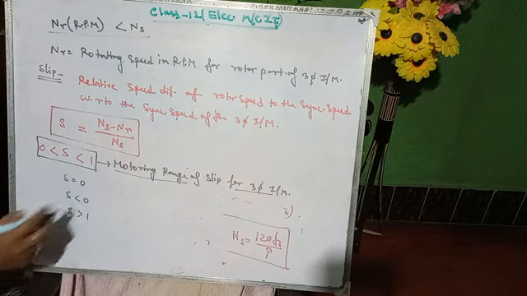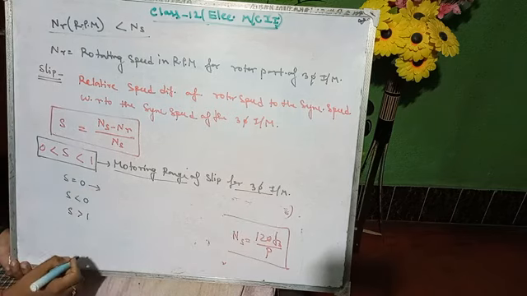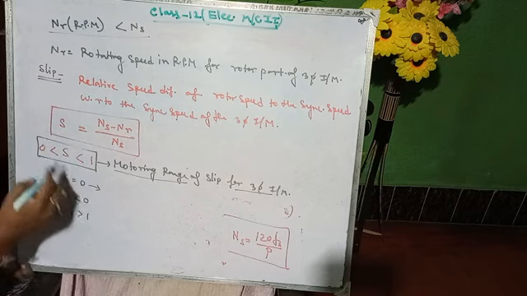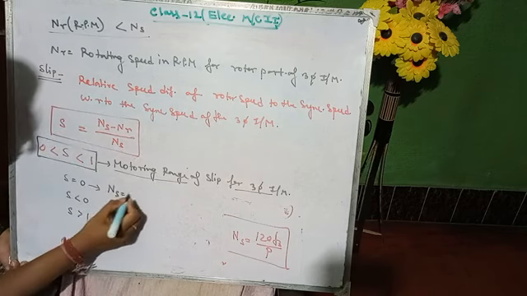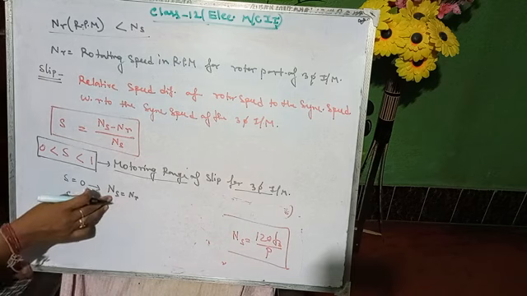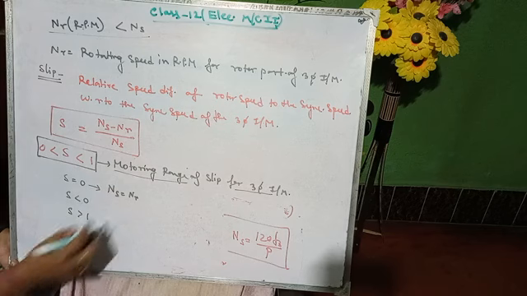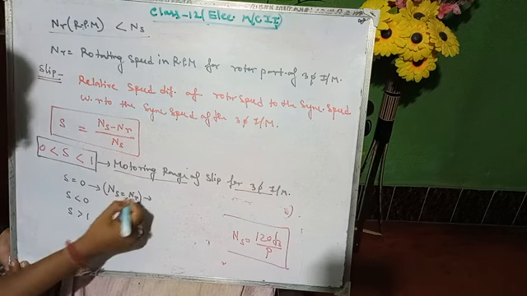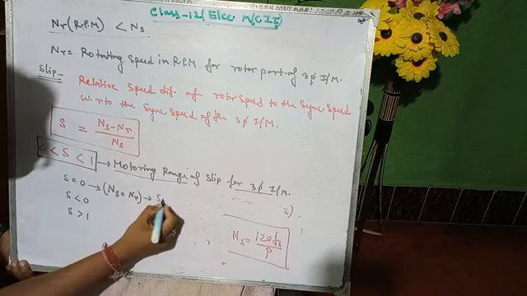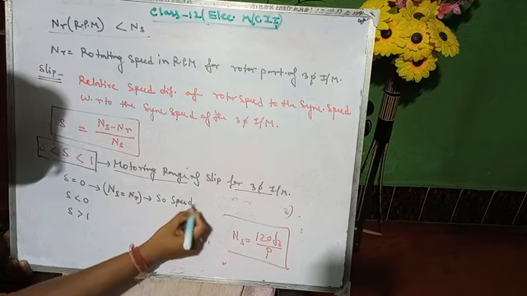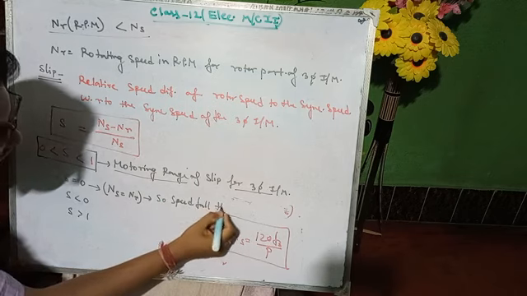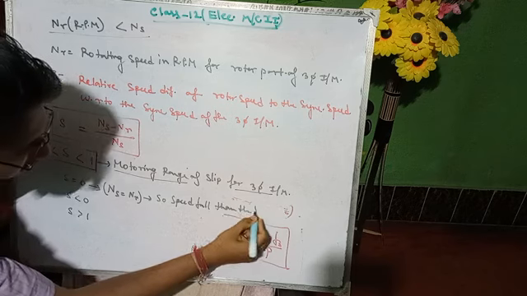And s equals 0 means there is no speed loss. That is, slip equals 0, and in this situation Ns equals Nr. Whatever the synchronous speed is, it equals the rotor speed. So this represents no speed fall from the synchronous speed.